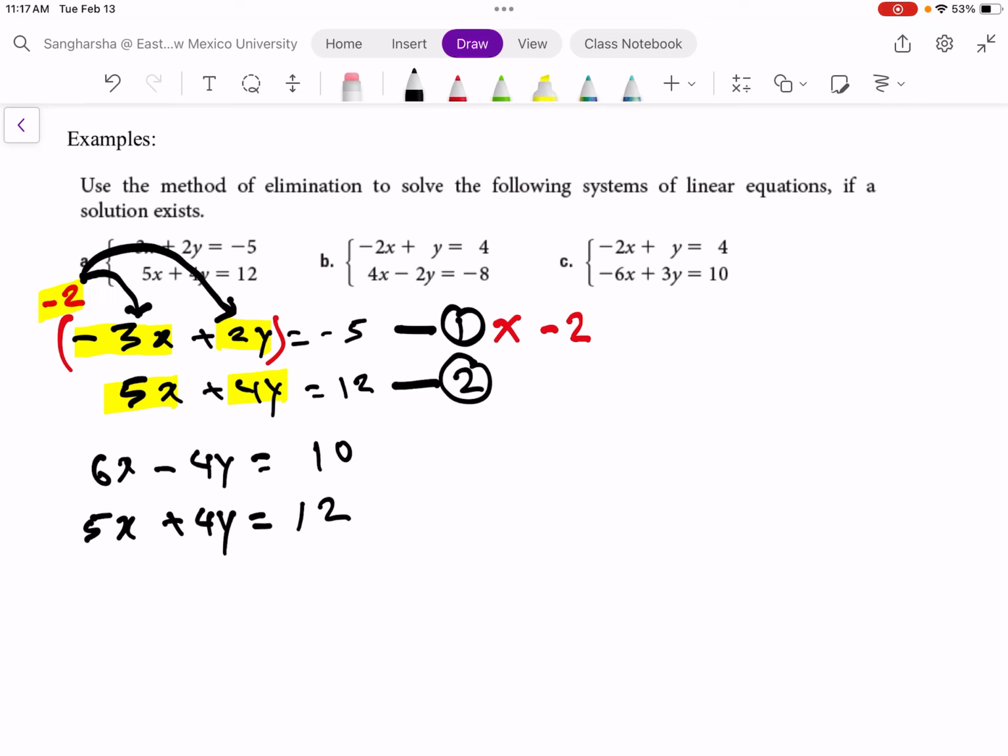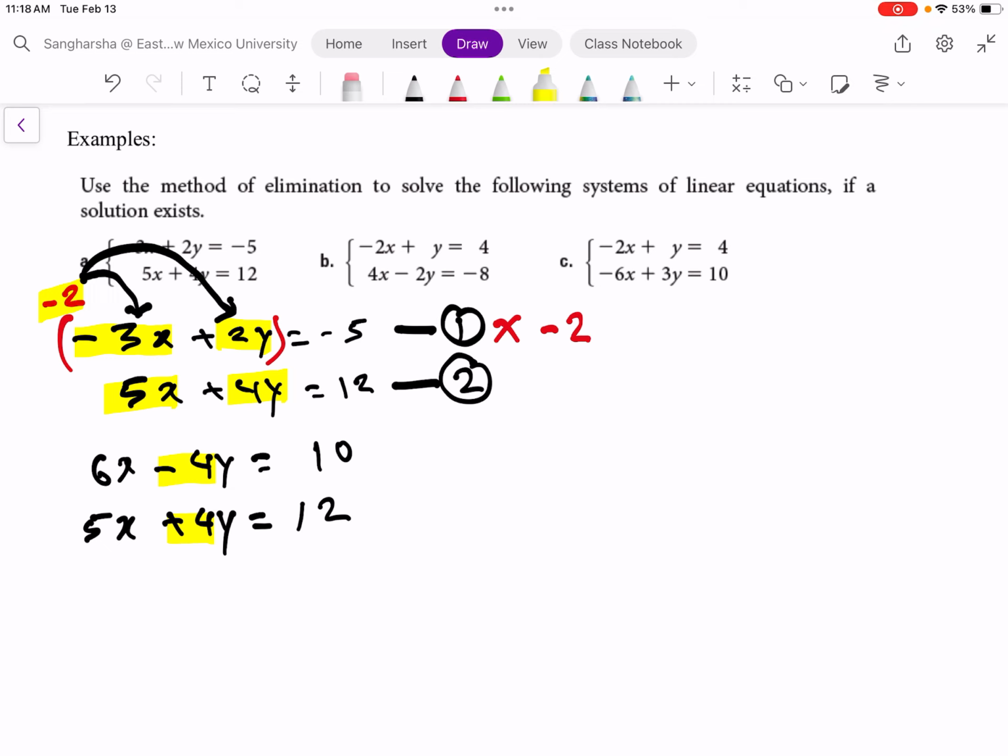Now, can we cancel one variable if we add these two equations? See, the y has a coefficient negative 4 and this y has a coefficient positive 4. It means they cancel when we add these two. So if we are using elimination, your first target is making the coefficient of one variable the same with opposite sign.